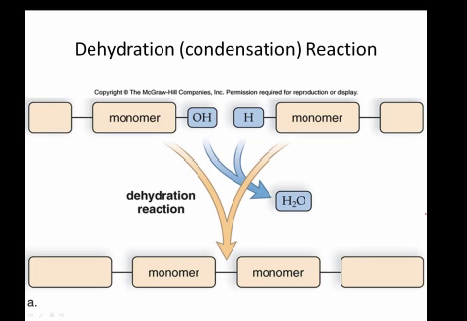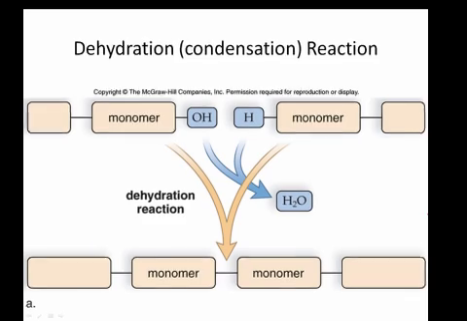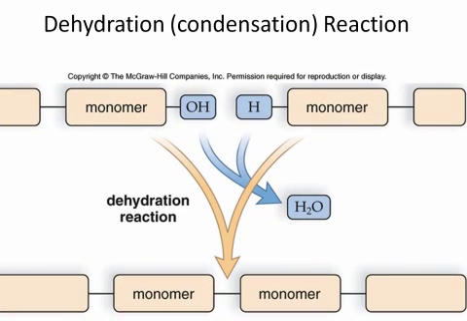We're going to build some very large molecules, some very large carbohydrates or proteins, lipids, and when we build those, we're going to see the same reactions over and over and over. A reaction that is called a dehydration reaction, or sometimes called a condensation reaction, and this is used to build larger molecules. We're going to take two molecules and we're going to put them together.